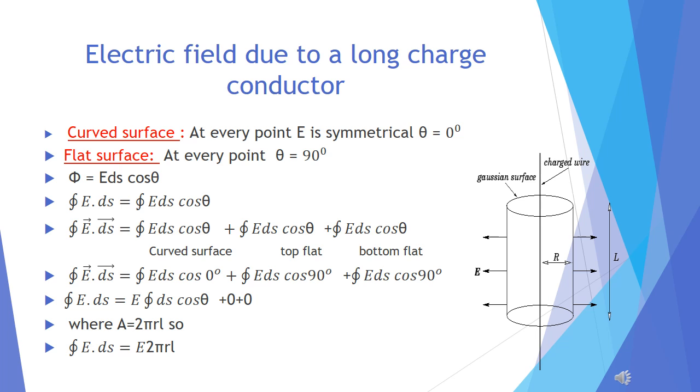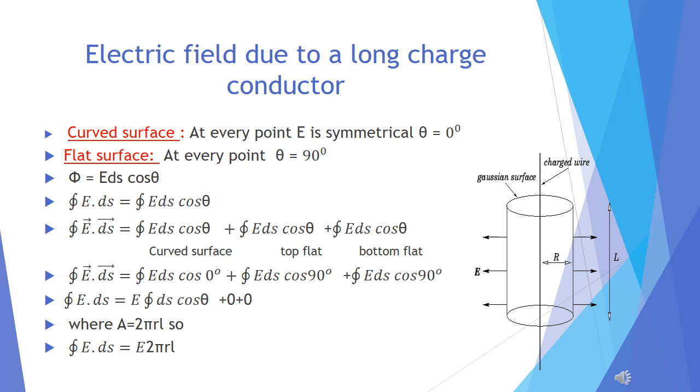So purposely I have divided it into three surfaces: one curved, one flat top, one flat bottom. So when doing the calculation, I will do it in three parts. First, point P lies on the surface, where the electric field at every point is symmetrical. Theta at every point of the curved surface is 0, and at every point of the flat surface it is 90.